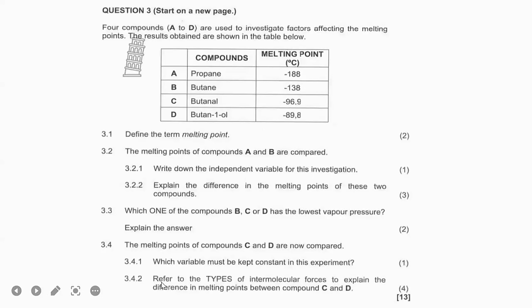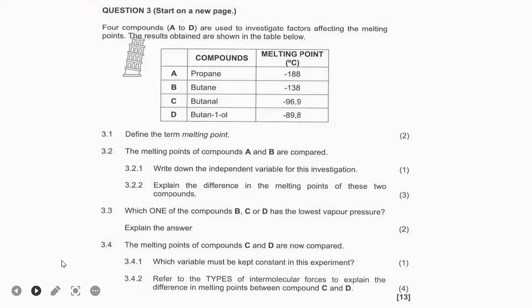Then 3.4.2 says refer to the types of intermolecular forces to explain the difference in melting points between compound C and D. Now we know the format that we're going to use is ISE, because now we are comparing compounds that are in different homologous series, right? So remember, identify and then speak of the strength of the intermolecular forces and then speak of the energy involved, right? So make sure that you watch that video that I've linked in the notes, right?